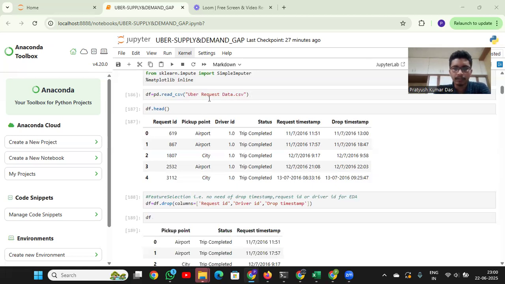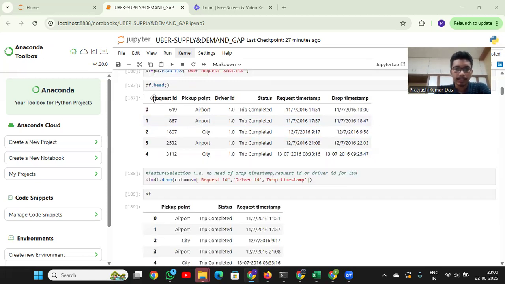First of all, we were given a dataset by Labmentix regarding the Uber request data, and we converted it to a data frame, a variable storing all the entries, by calling the function pd.read_csv. And df.head shows the first 5 entries in the given data.